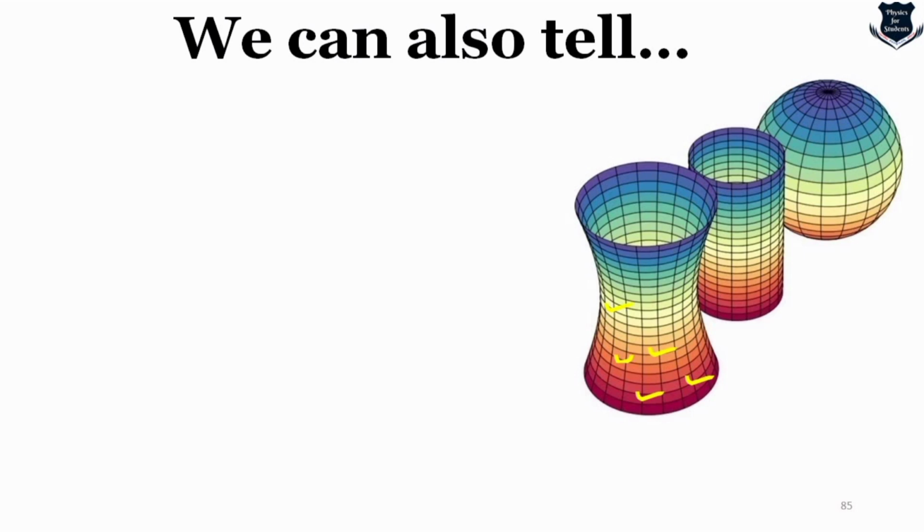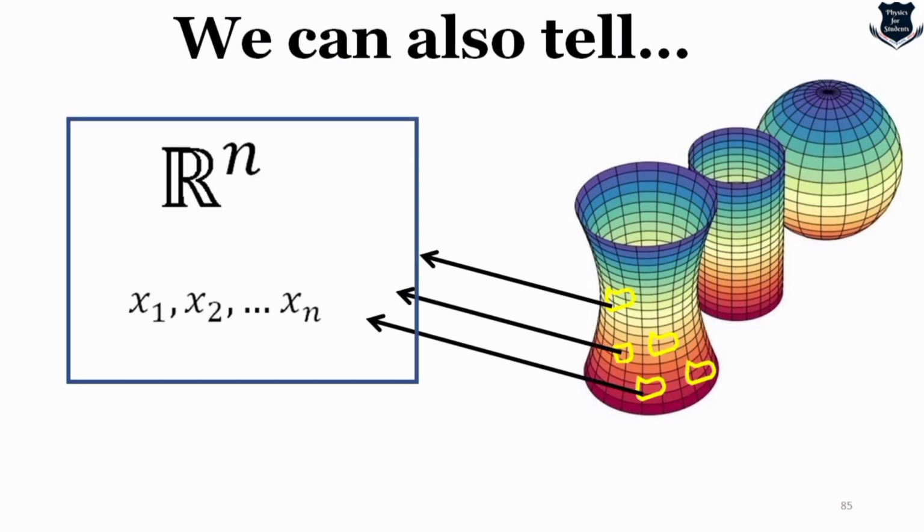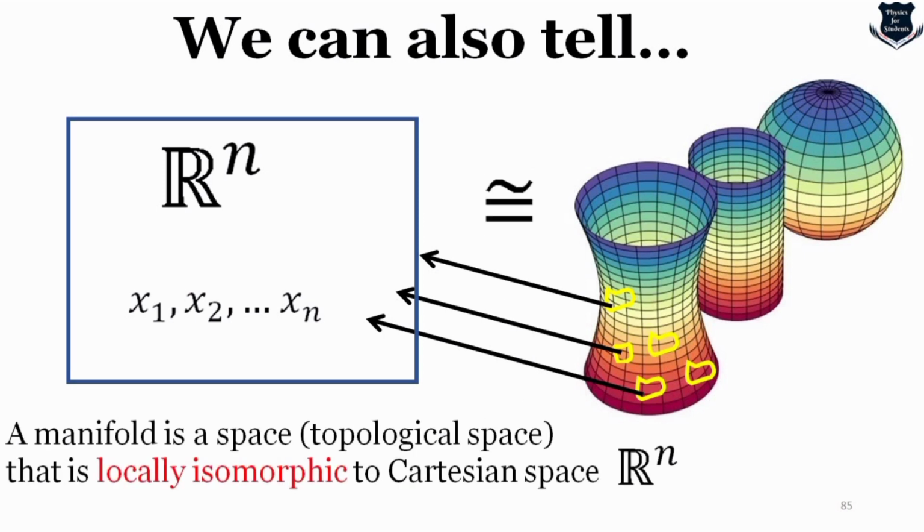We can also tell that these small yellow surfaces actually denote a real number on Rn, and I can say a manifold is a space that is locally isomorphic to a Cartesian space, which is Rn. So these people who are moving now, it is locally isomorphic, more or less similar to the Cartesian space in Rn.